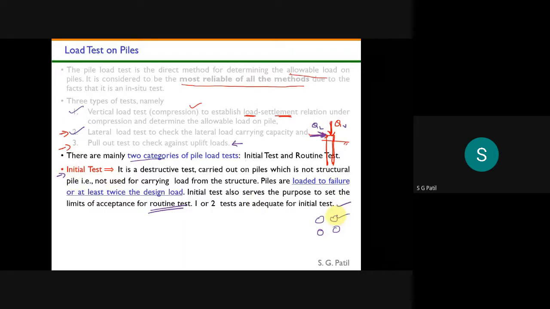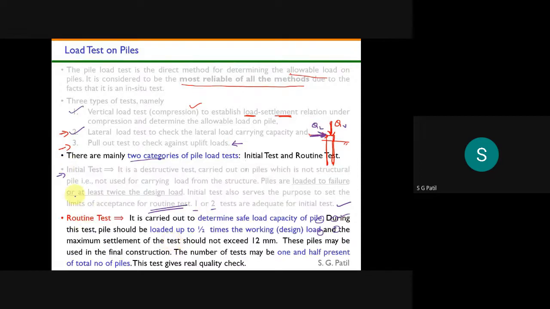It will not participate in the load carrying mechanism. That's why we will test only a maximum of 1 or 2. If it is a very big project, then 2 tests, or if it is a very small project, like a residential complex, then usually they will do 1 test, and a max of 2.